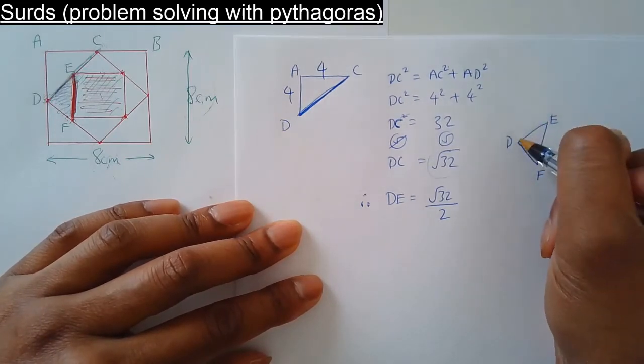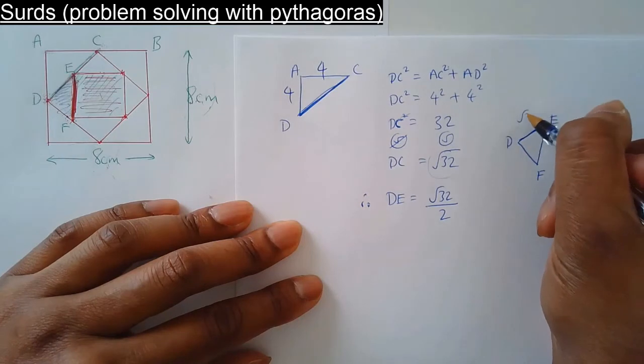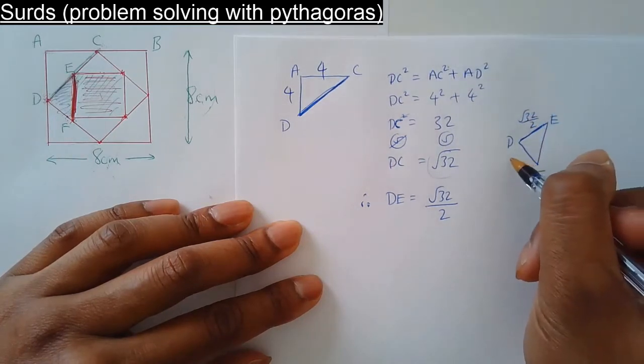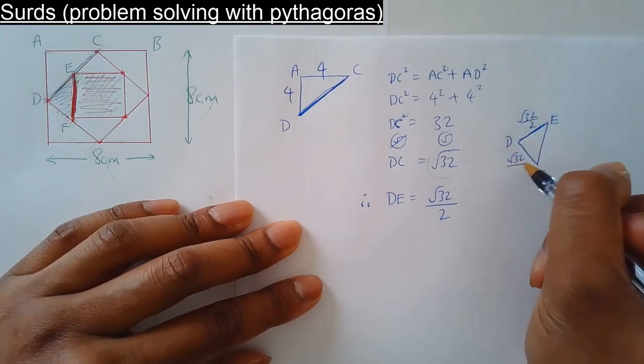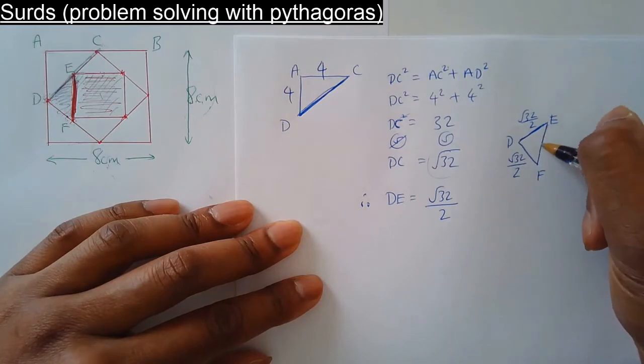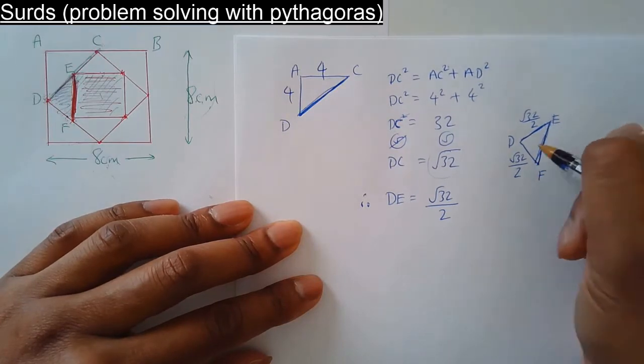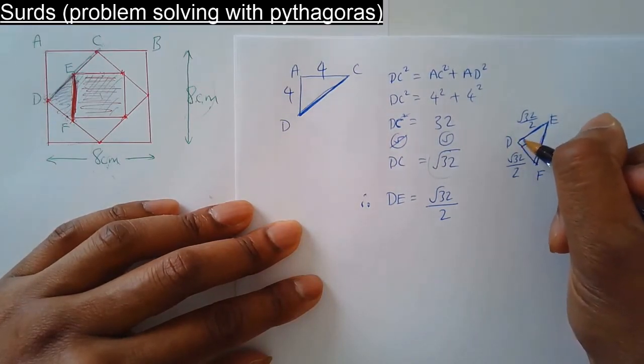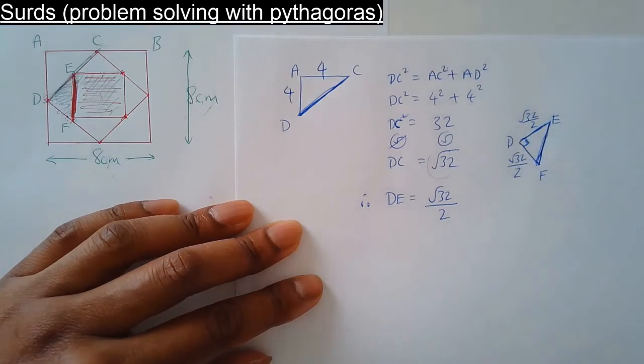This side here is root 32 over 2. This also is root 32 over 2. So I want to work out this side over here, the longest side.